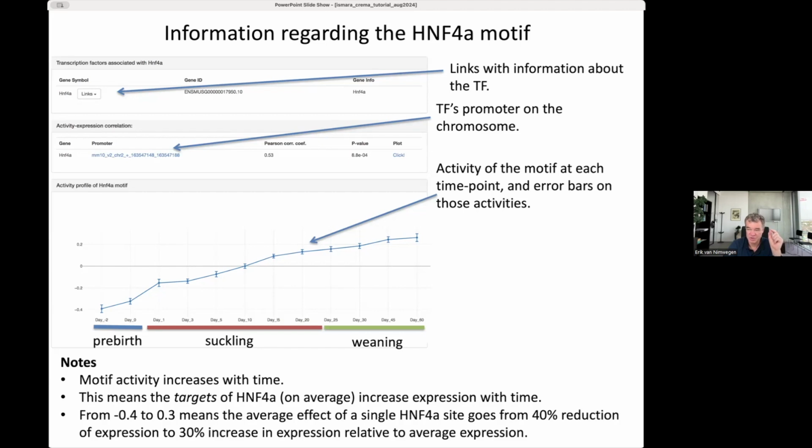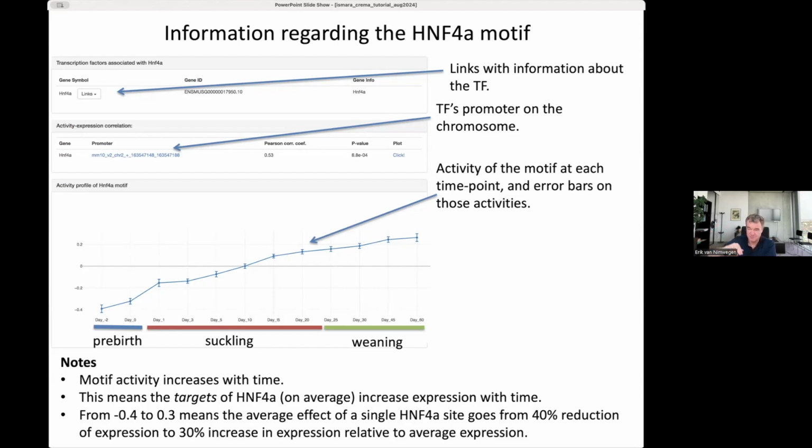So it's important to realize that in contrast to many other methods, MARA does not use the expression of the transcription factor itself to predict the motif activities. The motif activities are entirely predicted by the response of predicted targets of this transcription factor.